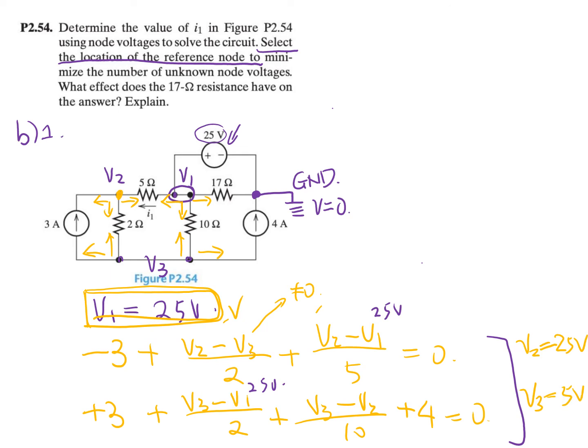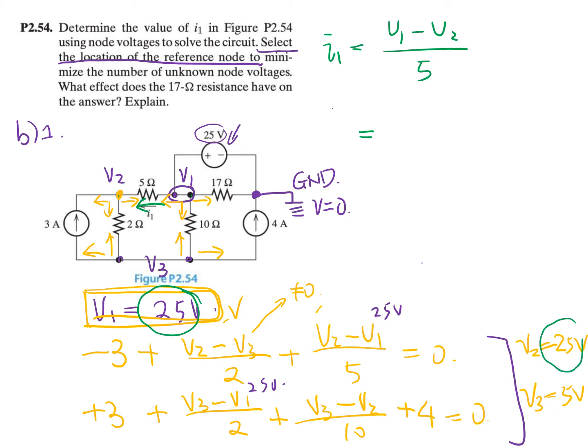The question asks us to find I1, and I1 is here. It flows from node 1 to node 2. We directly apply Ohm's law. So I1 is (V1 minus V2) divided by 5. We substitute in the numbers we have, V1 here and V2 here.